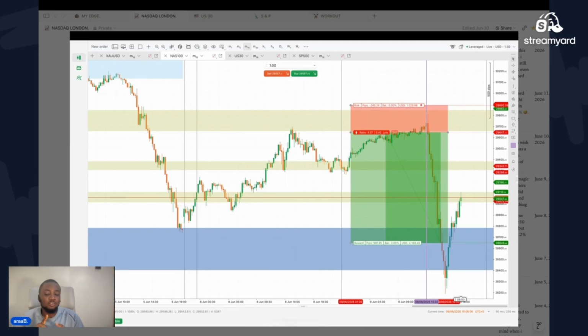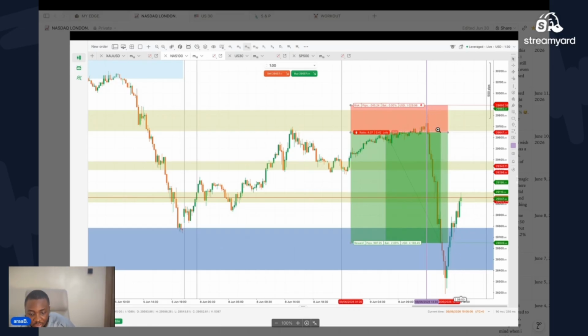I risk only 0.5%, even though I made this much on the trade. So I don't care about how much I'm making. I care more about how much I'm risking, because this trade was almost going against me. See how it got to this point, almost close to my SL before the reversal happened.